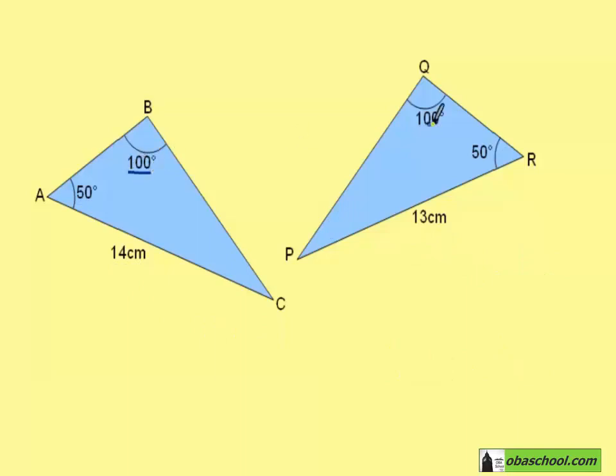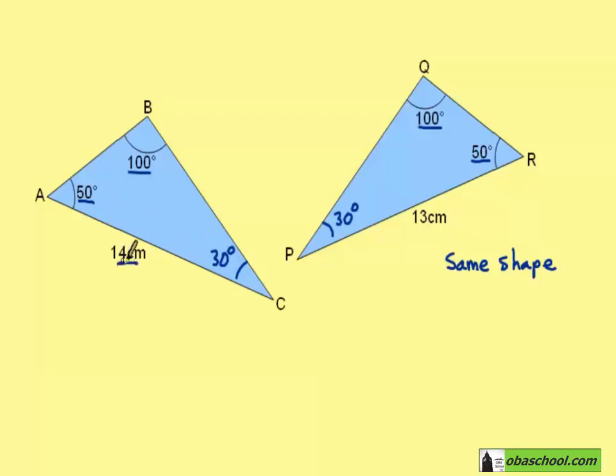Consider instead this situation. Both triangles have a 100-degree and a 50-degree angle. The remaining angle is 30 degrees. The angles in both triangles are the same, and this tells us that the two triangles are the same shape.